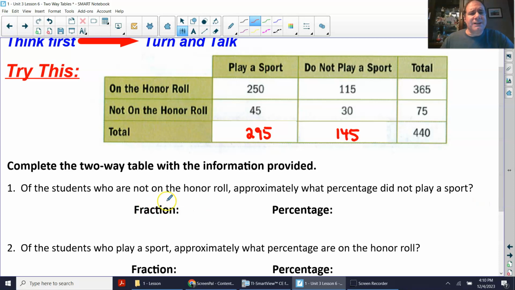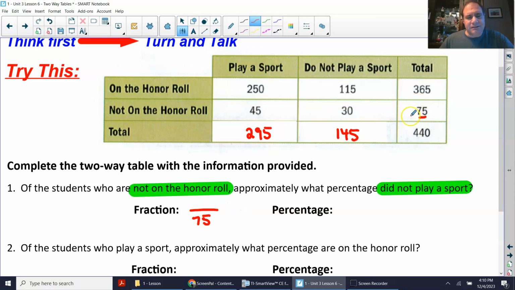Of the students who are not on the honor roll, approximately what percentage did not play a sport. First, we have to say not on the honor roll, 75. So we're going to just put down 75. Out of those kids not on the honor roll, what percentage did not play a sport? Did not play a sport? 30.